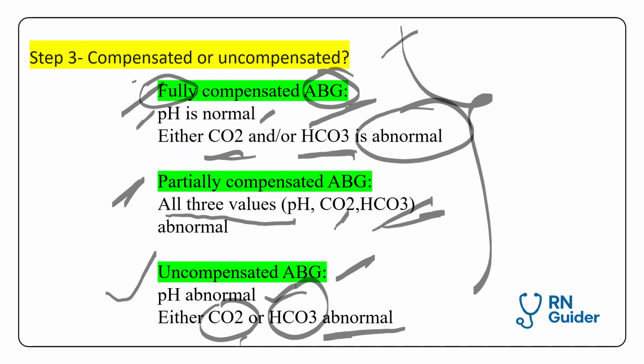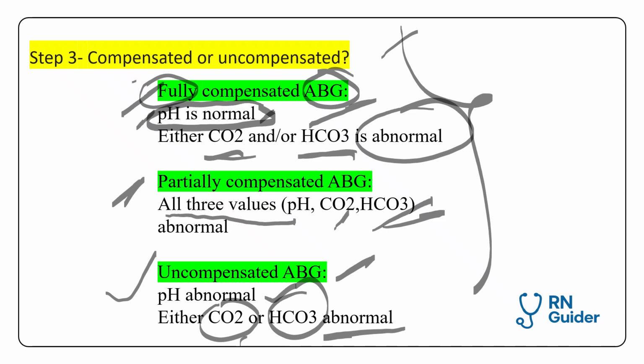Very easy. If the pH value is normal, either carbon dioxide or bicarbonate could be abnormal, no problem. If pH is normal, this ABG is compensated. And we consider it partially compensated if all three values are abnormal.